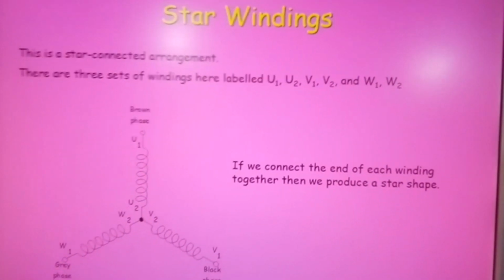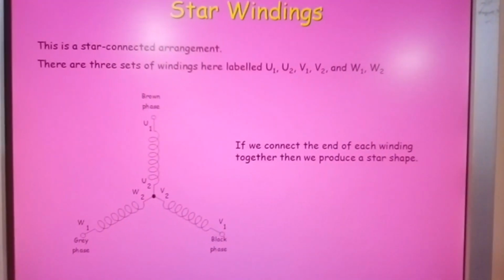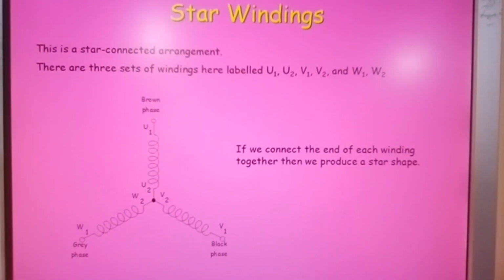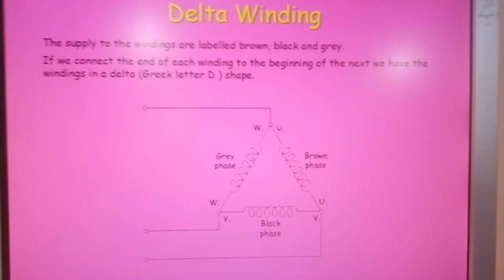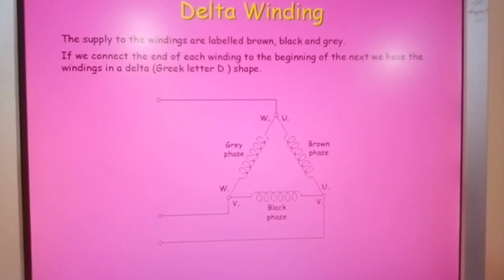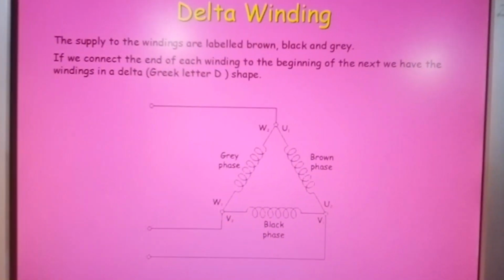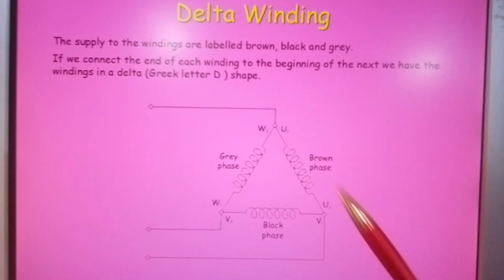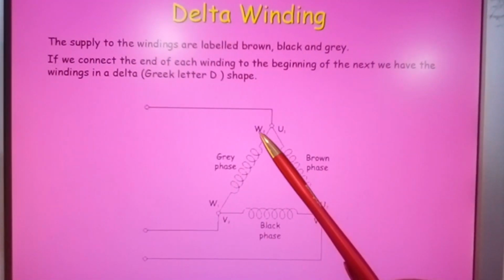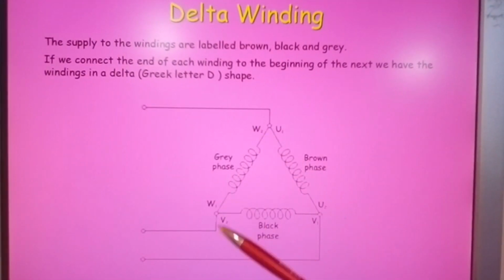Delta winding. I'll just pan back so we get this in full view. Now here we have the same coils, but they're wired differently.